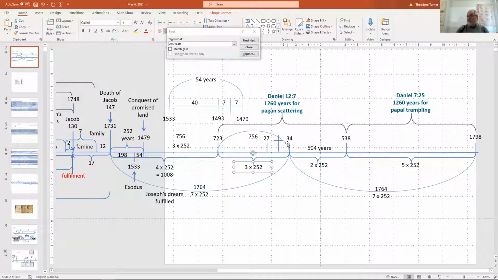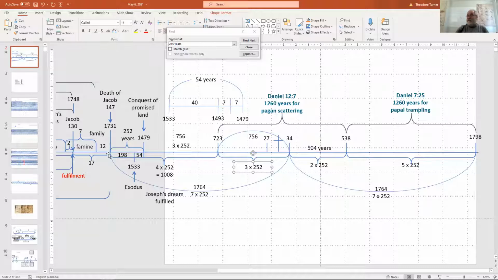These 2 different periods. That ends up being 7 times 252, or 14 times 126, depends how you want to divide it. And if we count backwards from 34 AD, we come to the end of the prophetic mirror for Joseph in 731 BC with the death of Jacob.